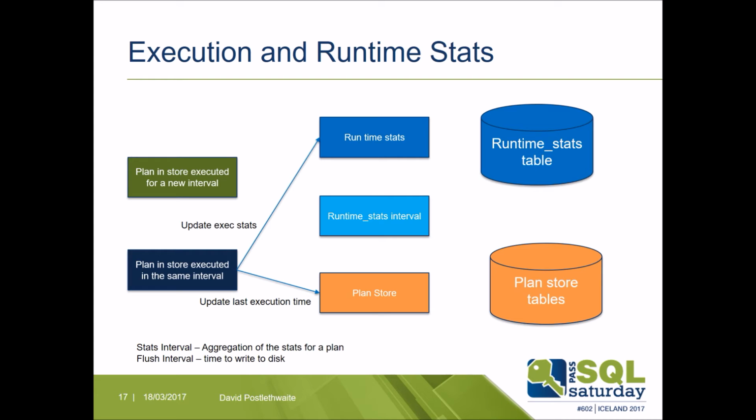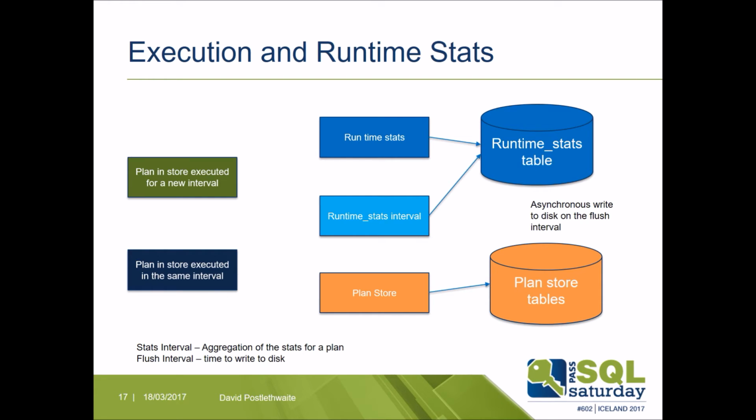It doesn't create new rows. So if the query was run 10,000 times with the same plan, in that time interval there will be only one record in the runtime stats. And as already said, the data stays in memory for the period defined by the flush interval, and it's then written to disk using the asynchronous queue.